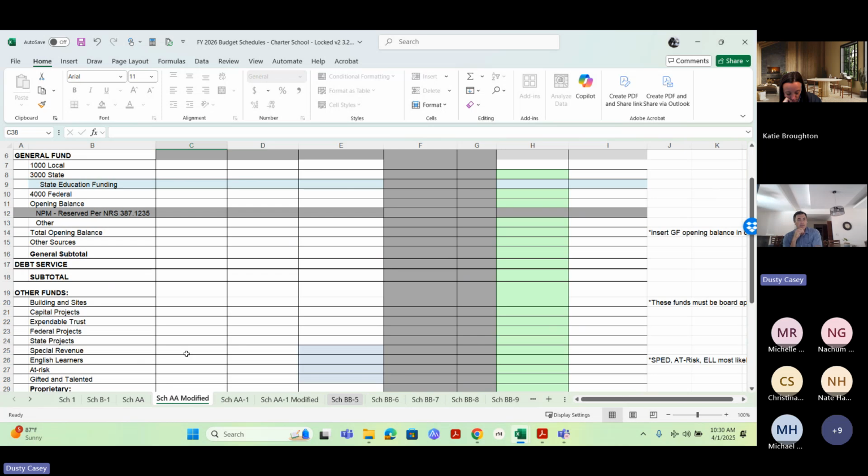Okay. I'm going to stop there. Any questions on anything throughout this workbook? You'll notice in this workbook, there's nothing in here about your PERS liabilities, your capital lease, GASB adjustments, other than that capital lease schedule that you might put over there.